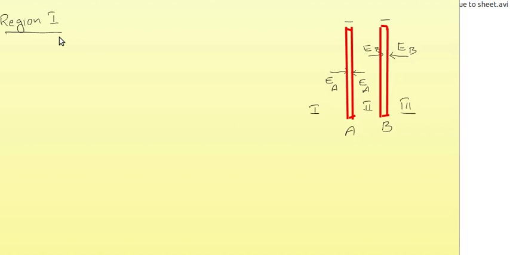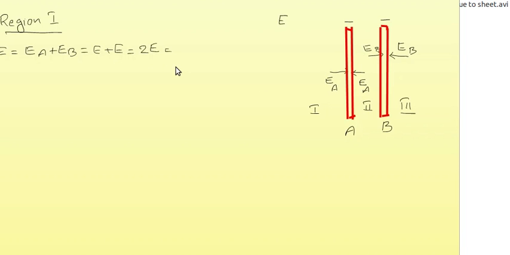Then in the region 1, what is the total field? Total field is due to A and B. Due to A the field is towards right, so it is plus EA. Due to B, this EB is passing through the region 1 towards right, so towards right is again positive, so EA plus EB. And if the strength of the electric fields are equal, that means if both are sigma by 2 epsilon 0, you can see that it is E plus E, which is 2E.